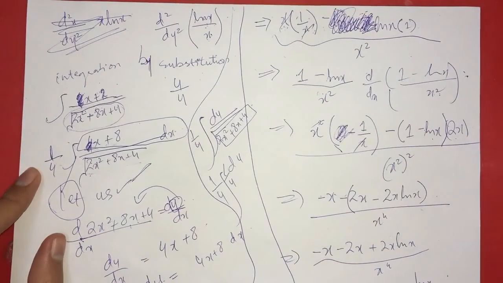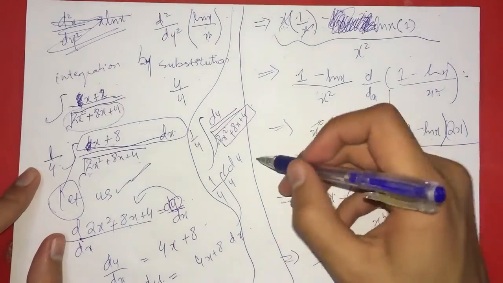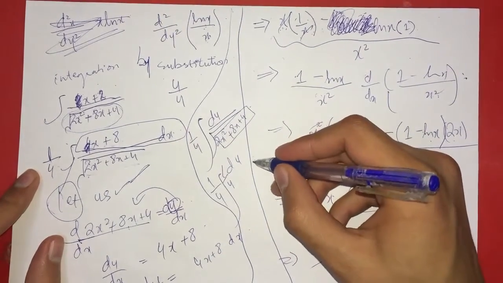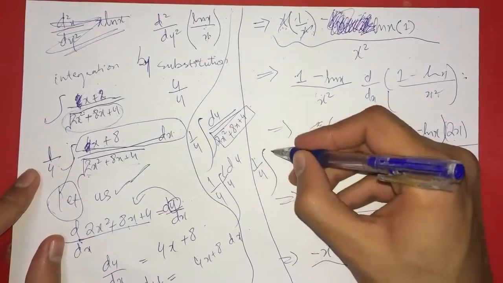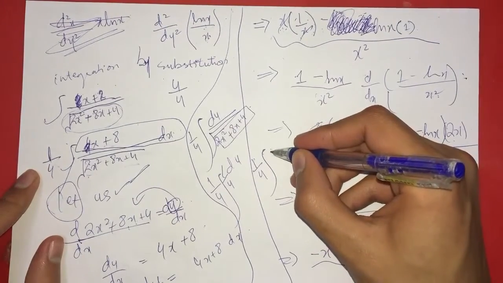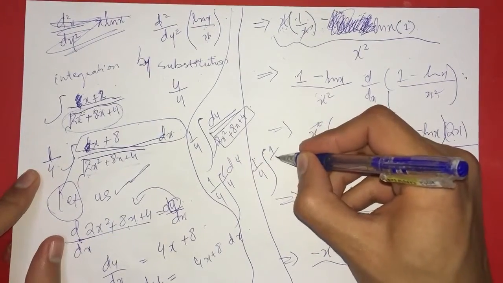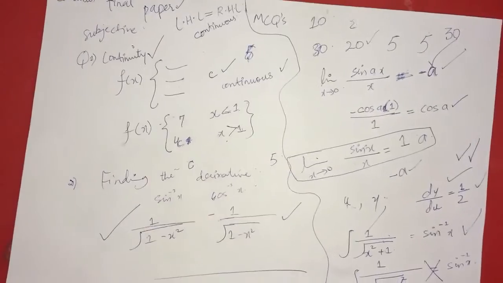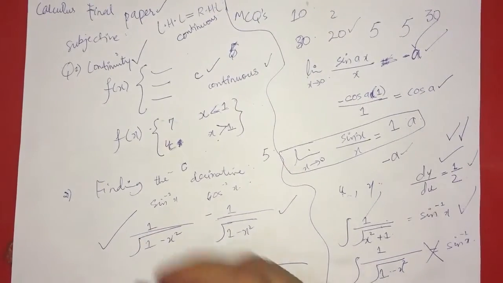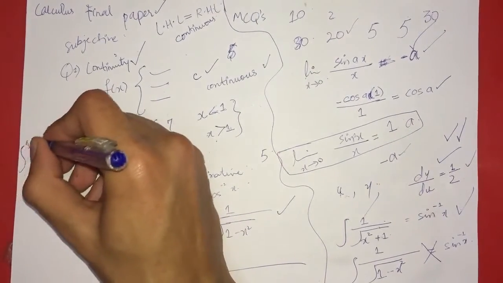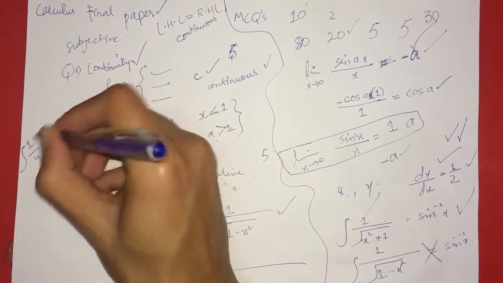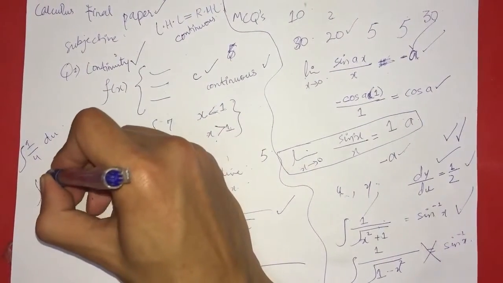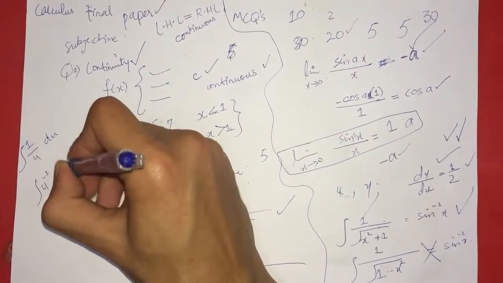Now we integrate 1 by u, 1 by 4 integration of 1 by u du. So integration of 1 by u du, 1 by u is equal to u power minus 1 du.